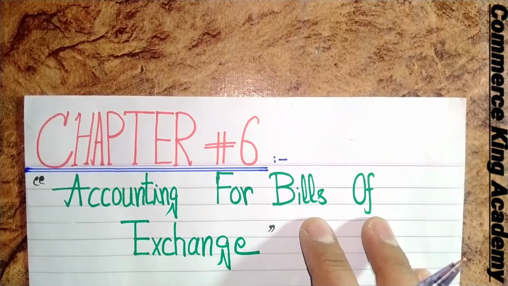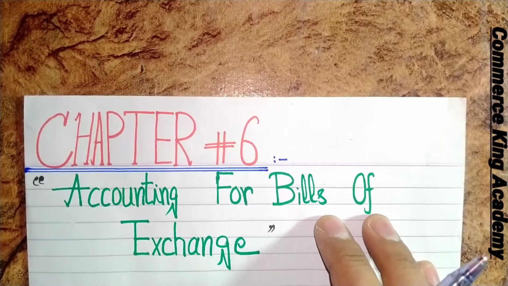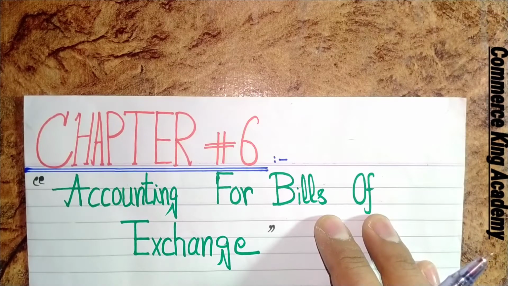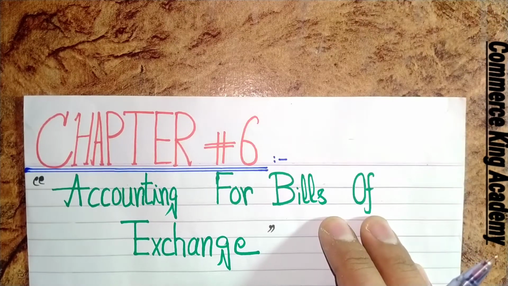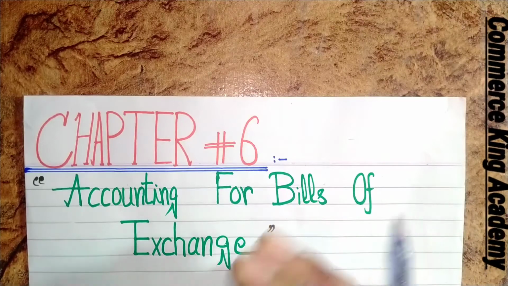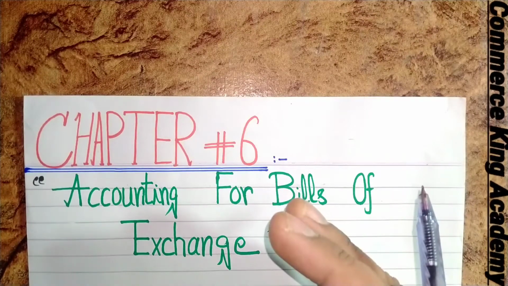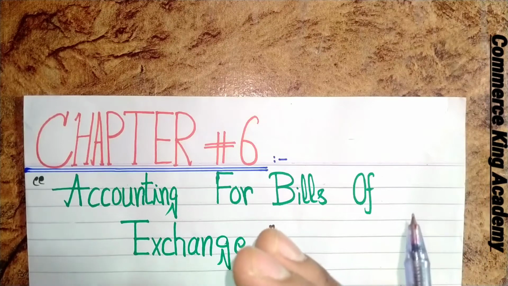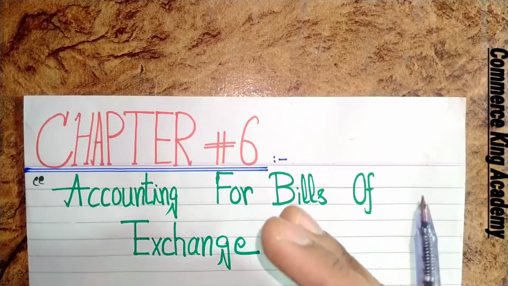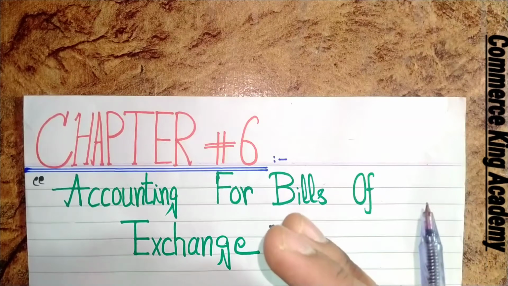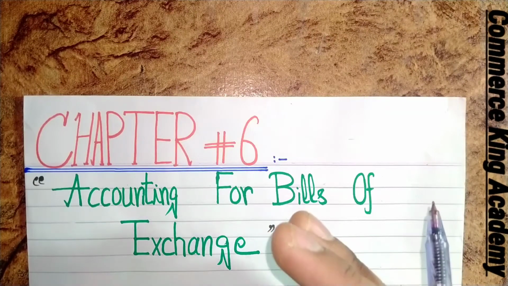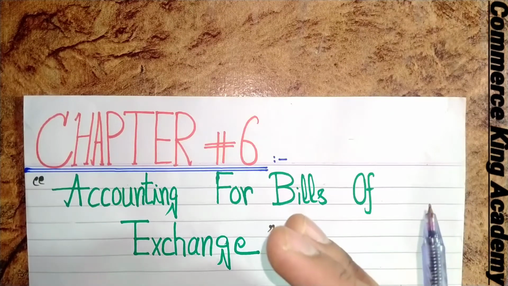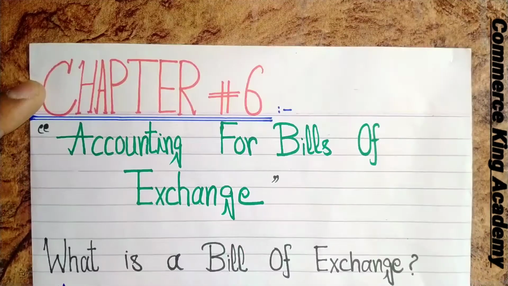In this act: an unconditional order in writing addressed by one person to another, signed by the person giving it, requiring the person to whom it is addressed to pay on demand or at a fixed or determinable future time a sum certain in money to, or to the order of, a specified person or to the bearer.